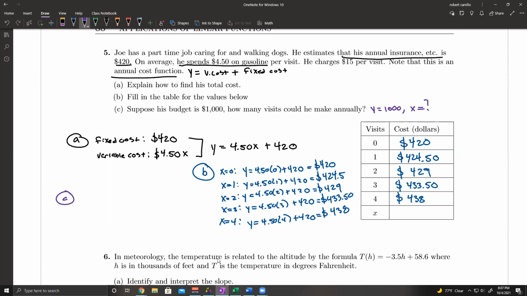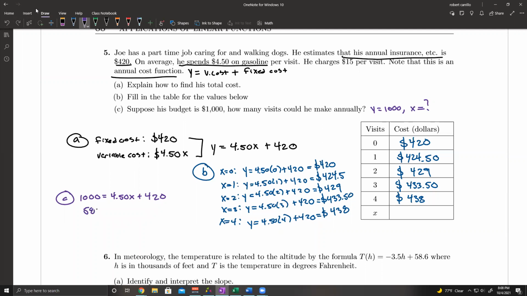So for C, you would have 1,000 equal to 4.50x plus 420. Now let's go ahead and solve for X. You are going to subtract that 420 to the left side. What is 1,000 minus 420? $580.